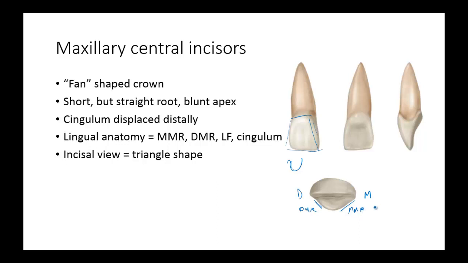Then you have the cingulum right here, and right here is going to be the lingual fossa. It's just a groove in your tooth, and you can see that right over here. Incisally, it has that nice triangle shape, just like when you have a cross-section at the CEJ, you get a triangle shape.